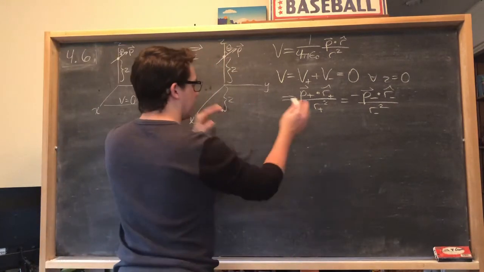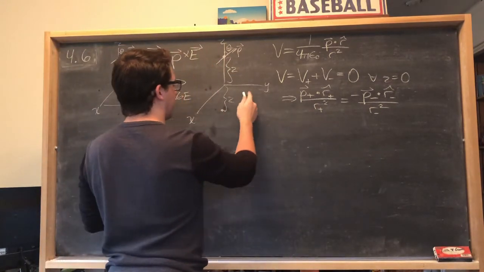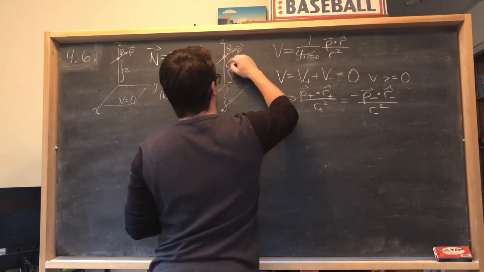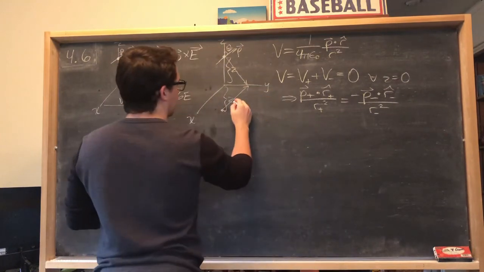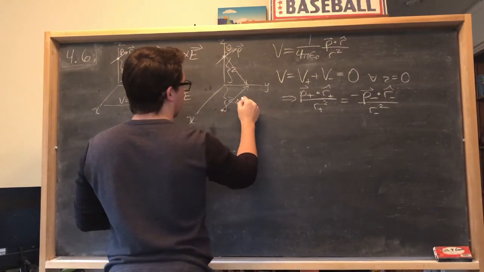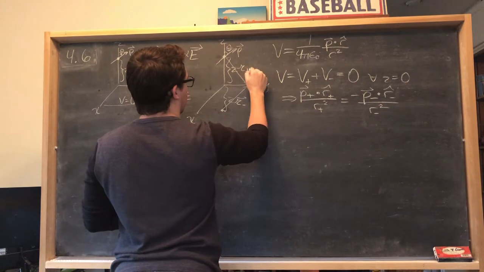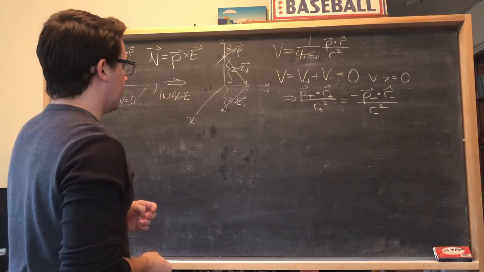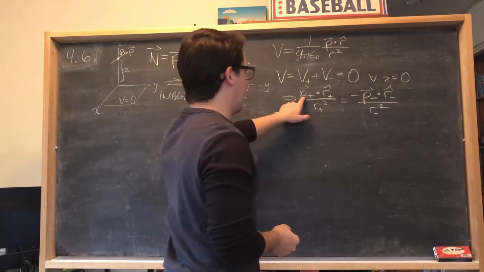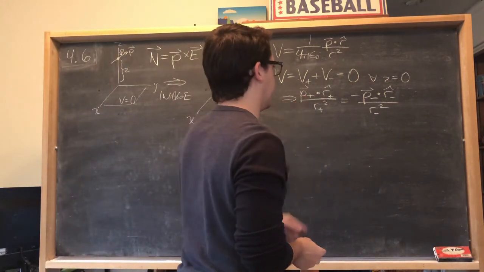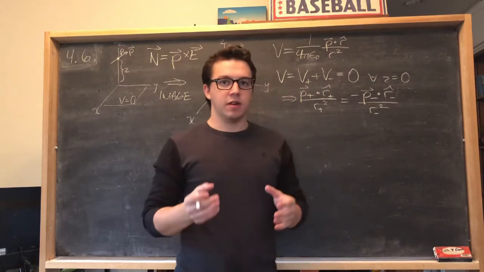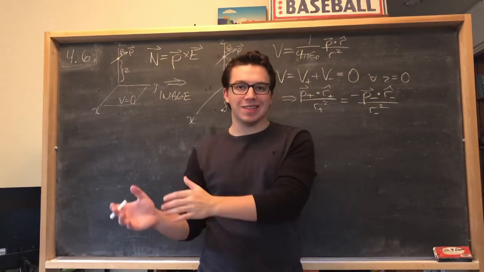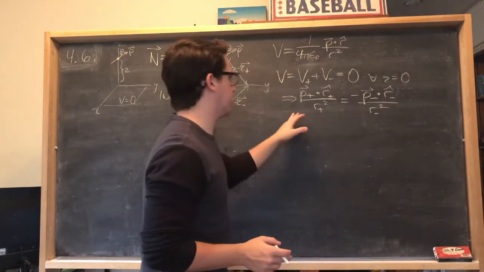Again, the potential needs to add up to 0 at any point in this xy plane. Say we're taking it at this point here, and this is our r minus, this is our r plus. Then we'll remember that we can think of the dot product as being composed of the product of the x hat, y hat, and z hat terms for each vector.